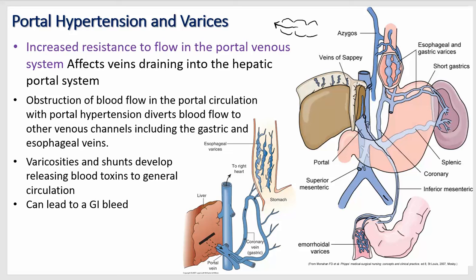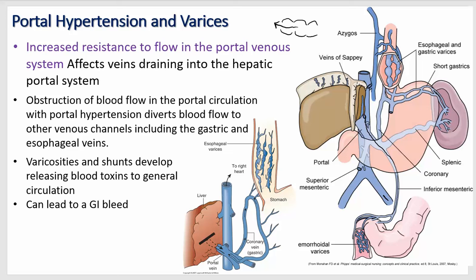That blood has to go somewhere, so sometimes it'll form new vessels and shunt blood from the portal system back into regular circulation. It bypasses the portal system, which defeats the whole purpose of having the portal system.